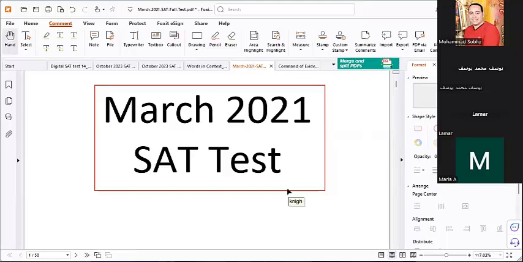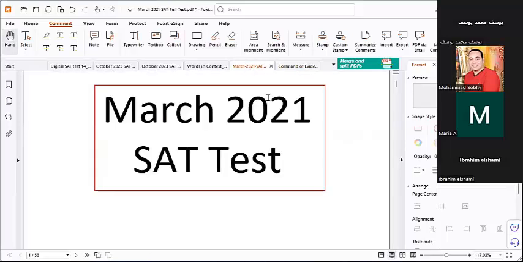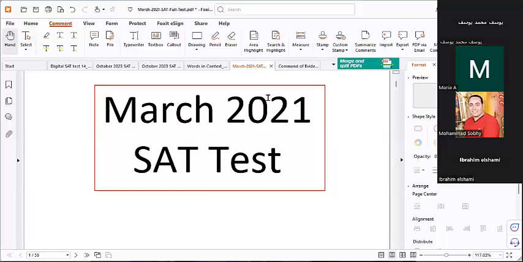So let's take voices. If you agree on the test, raise your hands. If you agree on the domain, raise your hands. Yusuf, you want the March test, right? You're eager to see the full test.